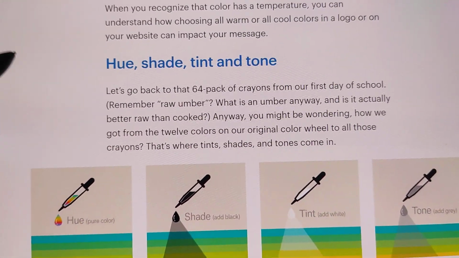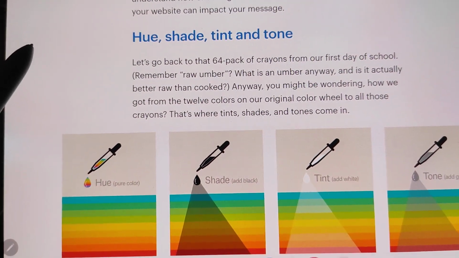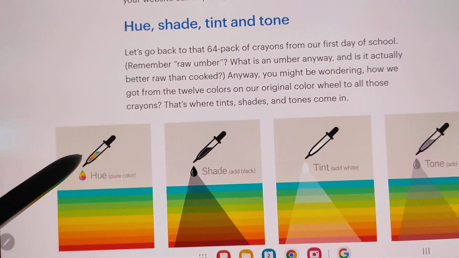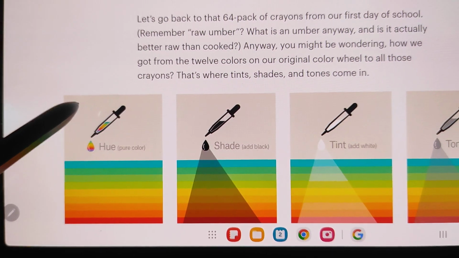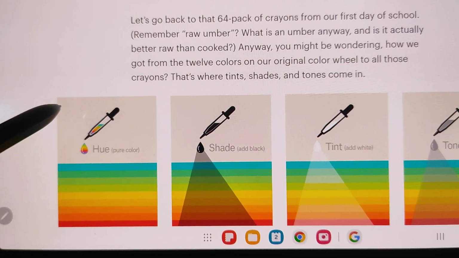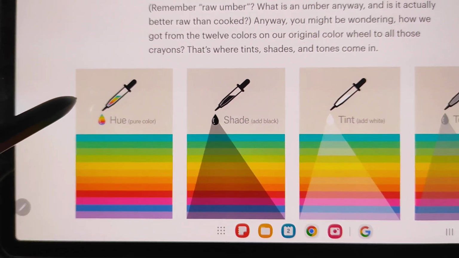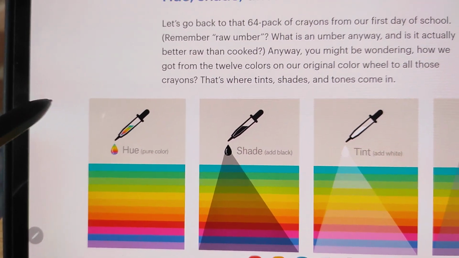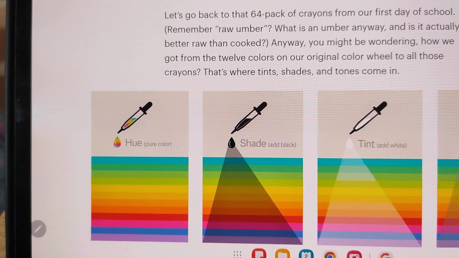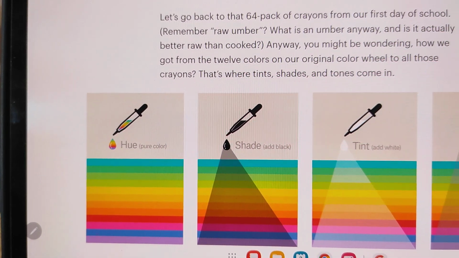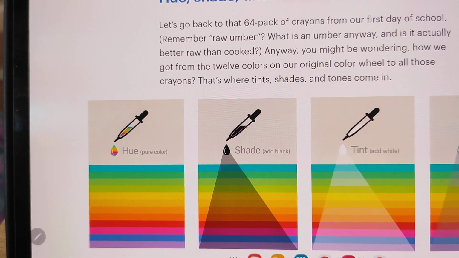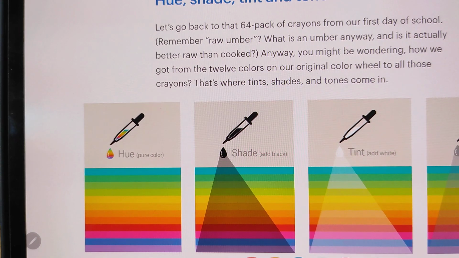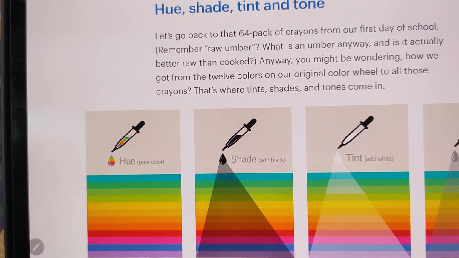This was a little complicated the first time I studied hue, shade, tint, and tone. Our professor asked before our first class test in basic design fundamentals, and everyone was very confused about hue, tone, and intensity.